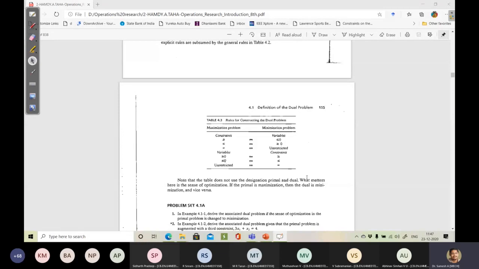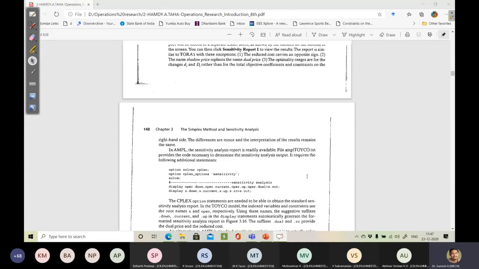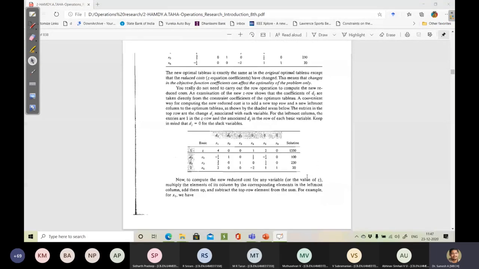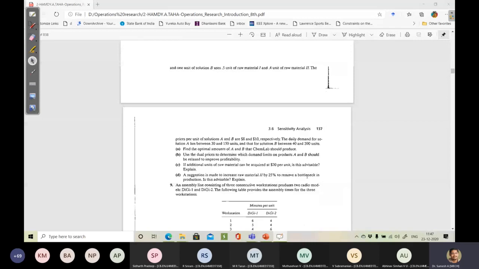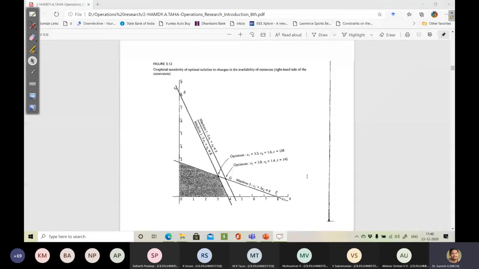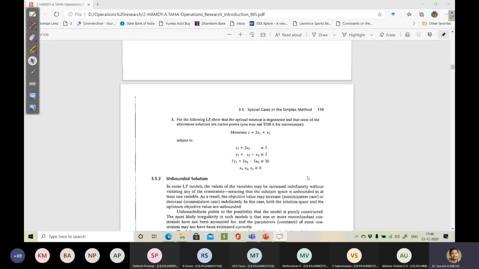I just want to show you one more thing over here. You can see in this graph, this is a particular problem.